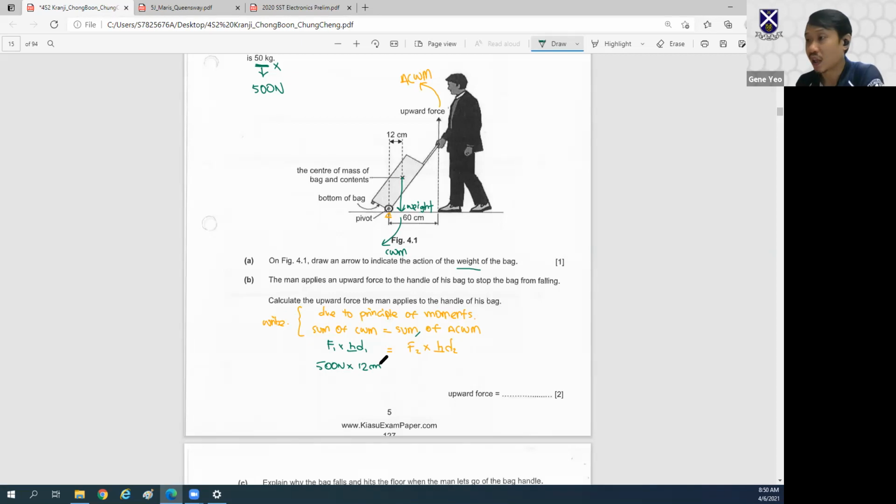Now, some of you are going to say, whoa, hold up. You told us in class that it is always Newton times meters. And yes, if you want to be absolutely technically right about it, convert this to meters.